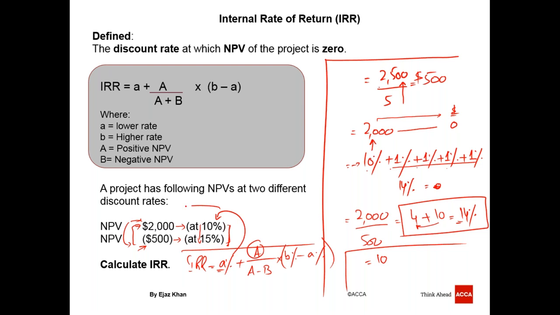Capital A is the positive NPV, which is 2,000. A again, it's 2,000, minus, and then B is the negative NPV, which is 500 negative, multiplied by the higher rate, which is 15%, minus the lower rate, which is 10%. Now, if you can quickly solve this equation and tell me what's the answer.